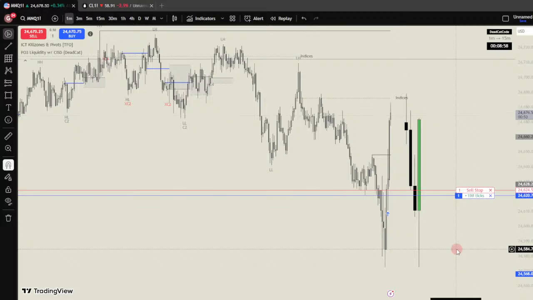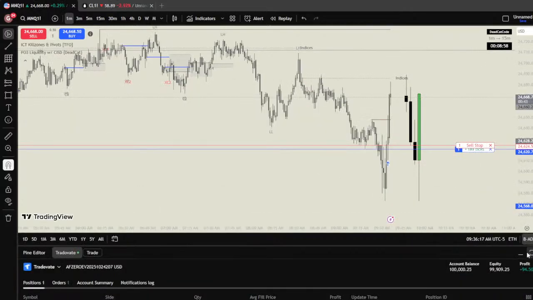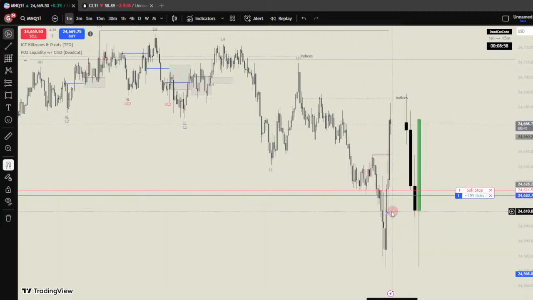So obviously here, this could have been a very high probability play if we did this on minis, right? This is a $96 trade right here, but if we did this with minis, this would have been a $960 trade, right? So nothing to be annoyed about there.